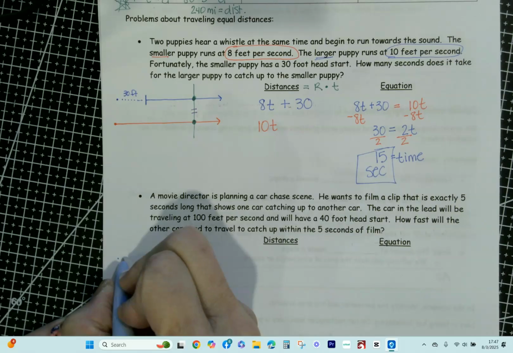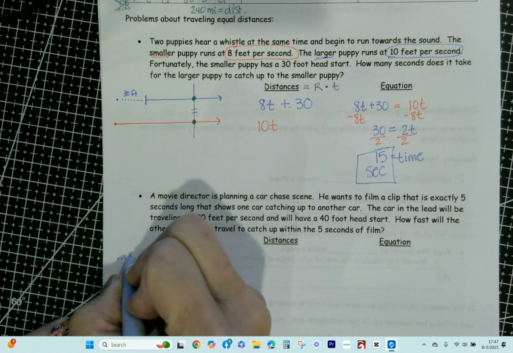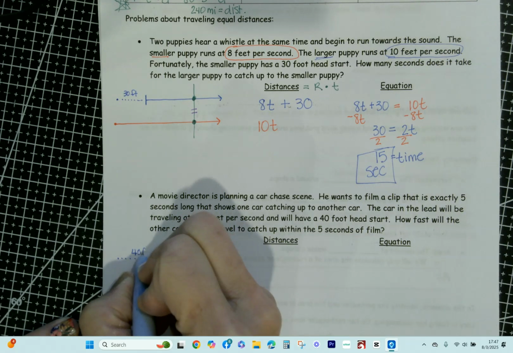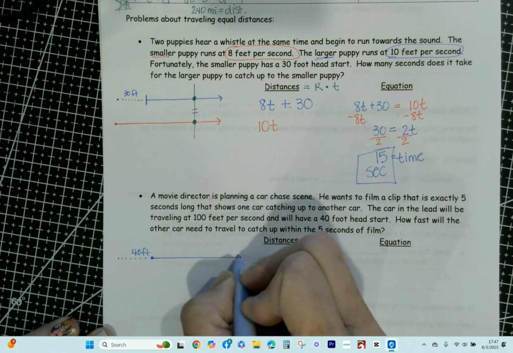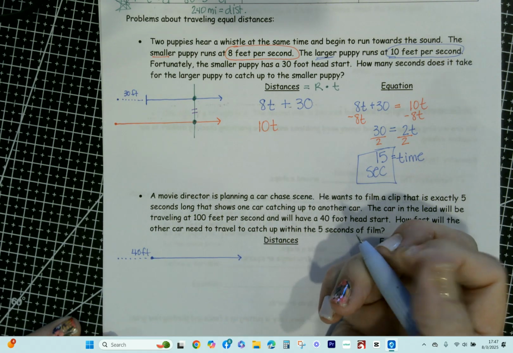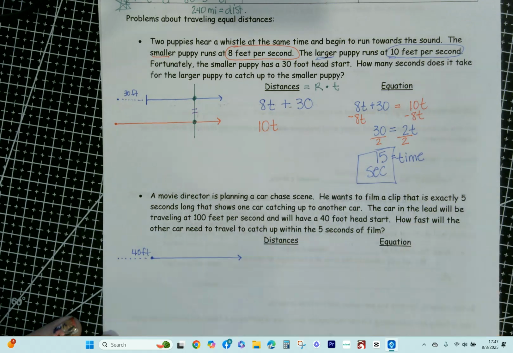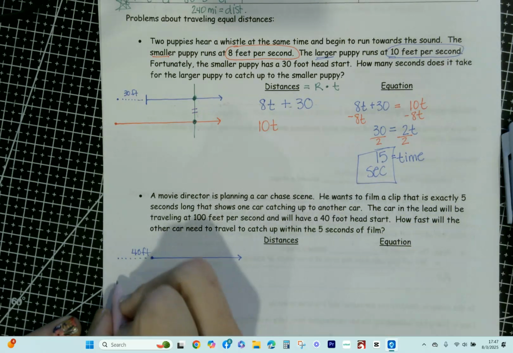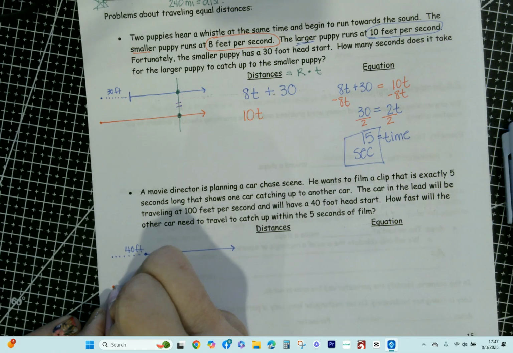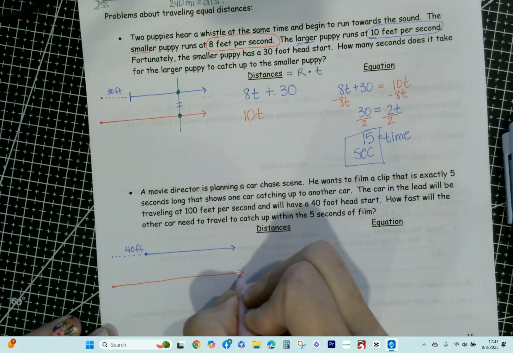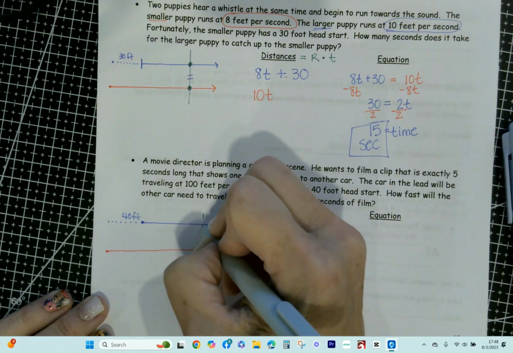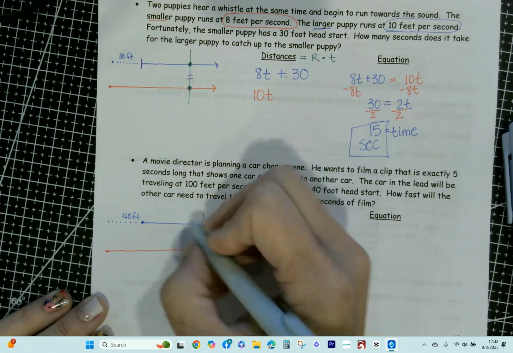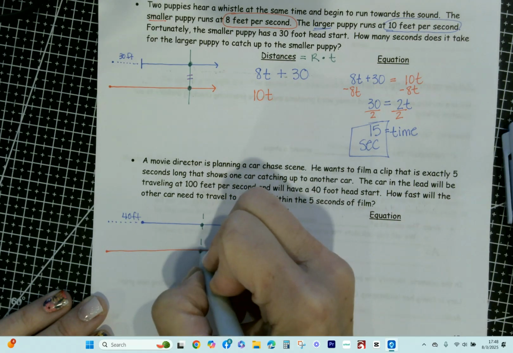We've got a 40-foot head start, and take off, and it's going to go that direction. And then the next car doesn't have a head start, here. And we want to know how fast.